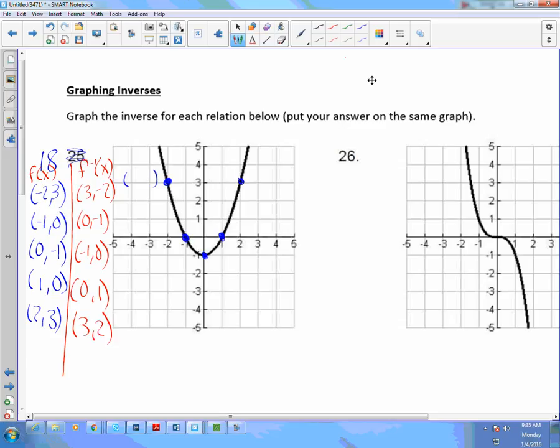Now, on the same graph, we're going to plot this point and see how the graph looks. Switch X, Y, our graph no longer goes up.